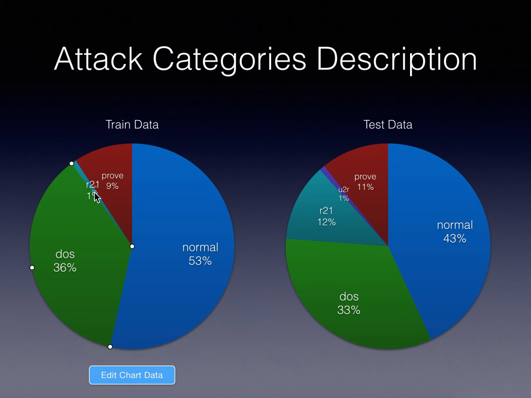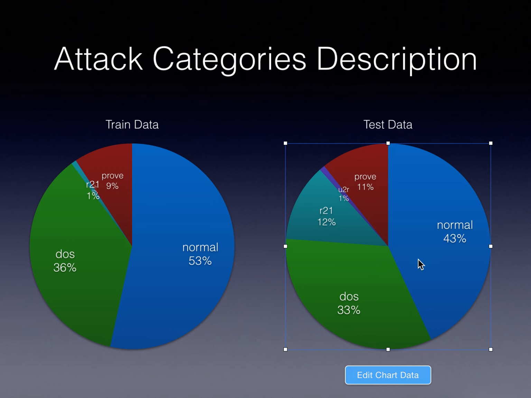The other 2 categories are a very small portion. But in the test data, although normal and DOS are still the two main categories, R2L and probe are much higher than in the training data. So from these two, we can see that the distribution of different kinds of attacks in the test data is different from the distribution in the training data.